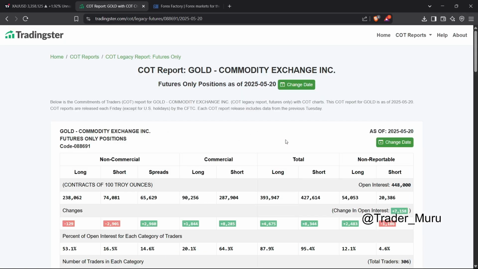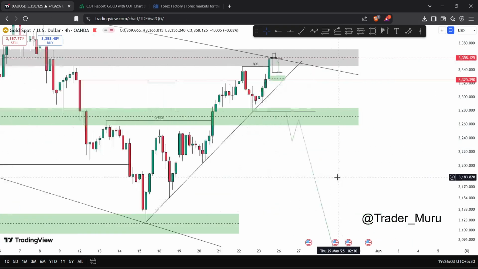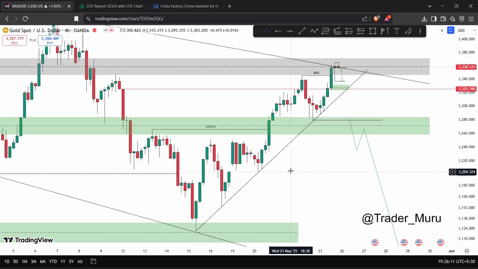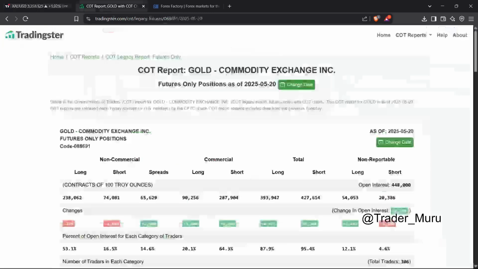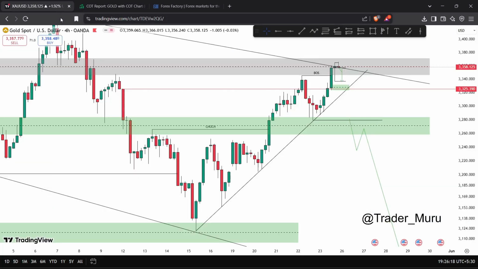If we talk about the COT report, they are cutting their shorts on 20 of May, and if you see the 4-hour time frame, 20 of May was the area which gave us this change of character where they cut the short and they are waiting and have not entered long right now because the structure is still bearish.